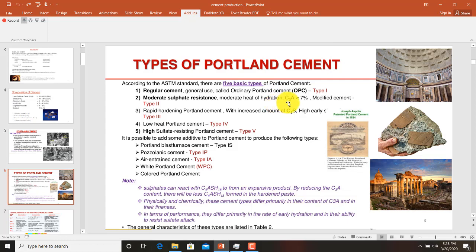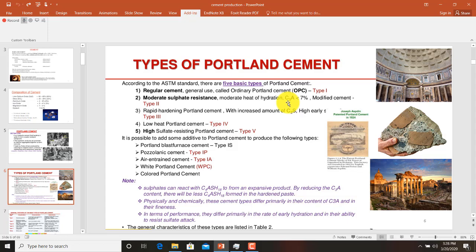When you have sulfate solutions, when you have a structure built within the seabed, or interacting with the soil, which is a permeable soil, the sulfates can intrude into the concrete.